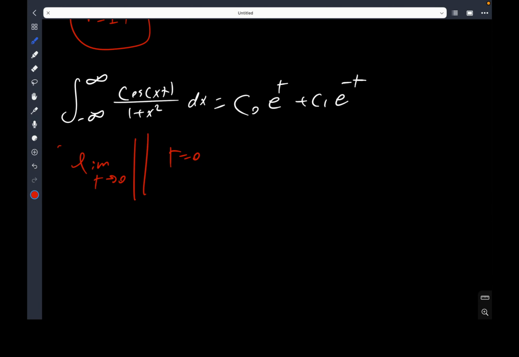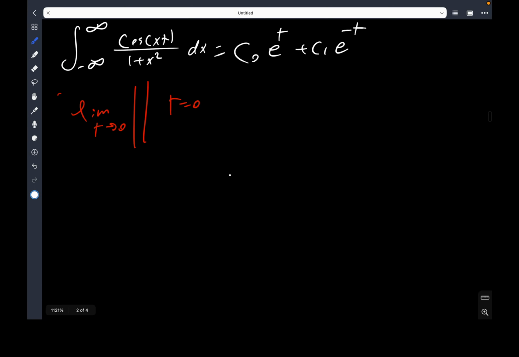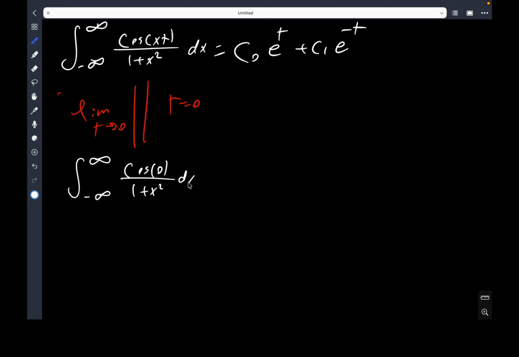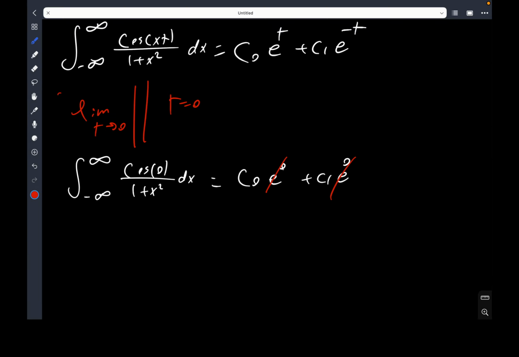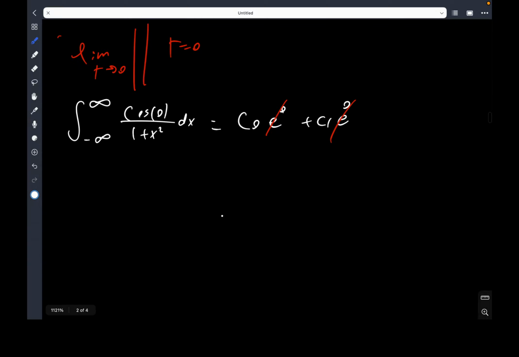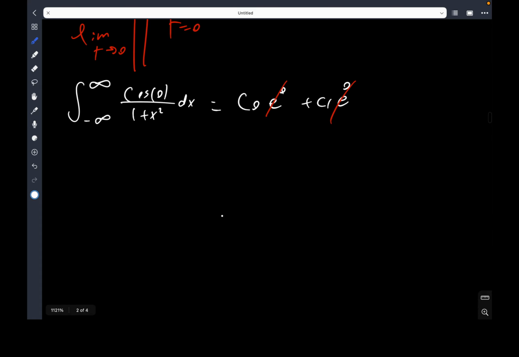If I let t be equal to 0, I'm gonna get the integral from negative infinity to infinity of cosine of 0 over 1 plus x squared dx equals c naught times e to the 0 plus c1 e to the 0, which these e to the zeros are gonna be 1, and cosine of 0 is 1, and I'm gonna have the integral from negative infinity to infinity of 1 over 1 plus x squared dx equals c naught plus c1.